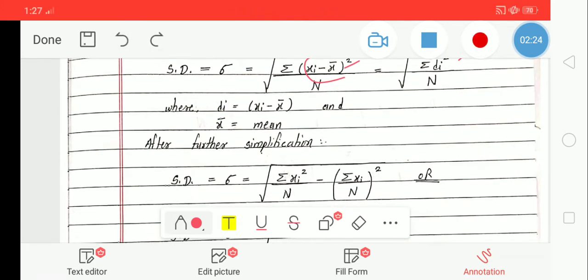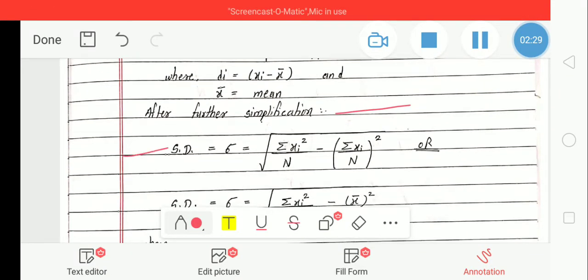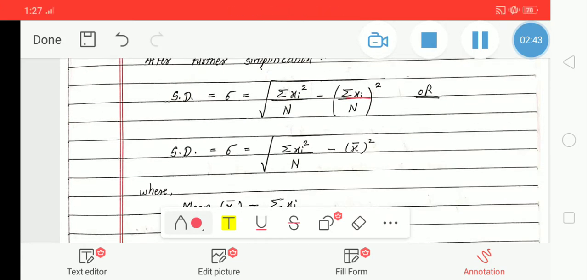After further simplification, standard deviation sigma is equal to the square root of the summation of xi square divided by n minus (summation xi divided by n) whole square, or sigma is equal to the square root of the summation of xi square divided by n, that means the mean of squares, minus x bar whole square.